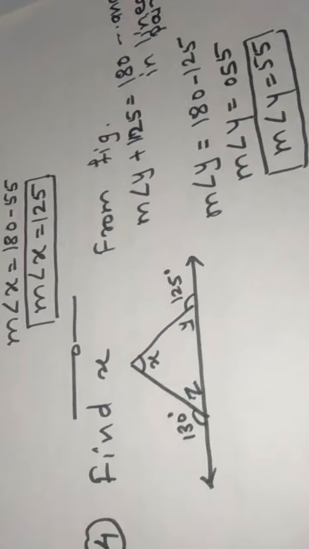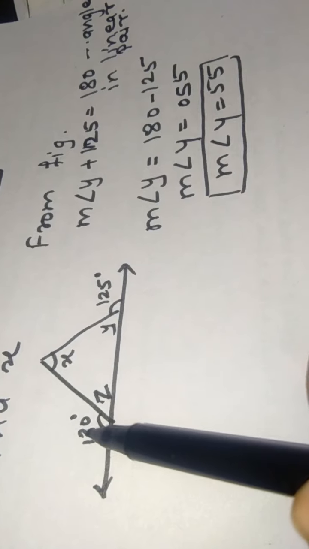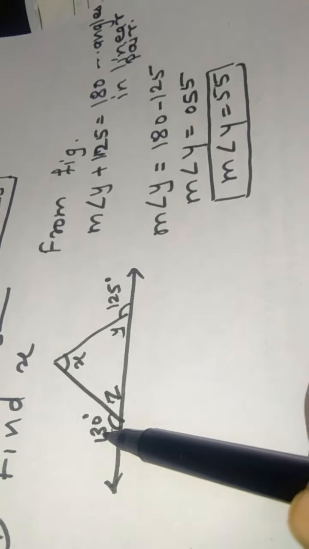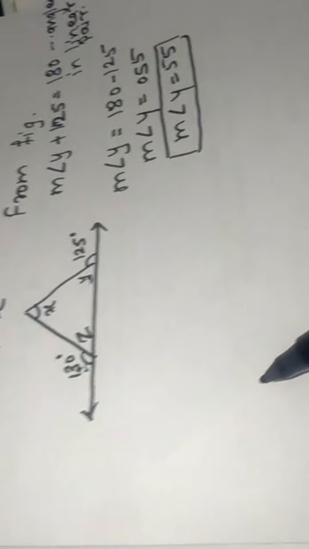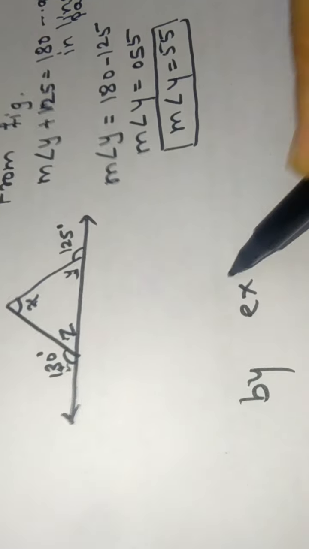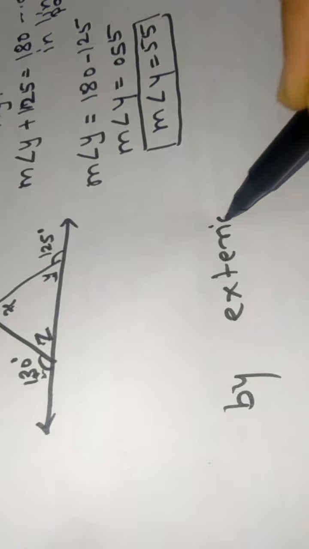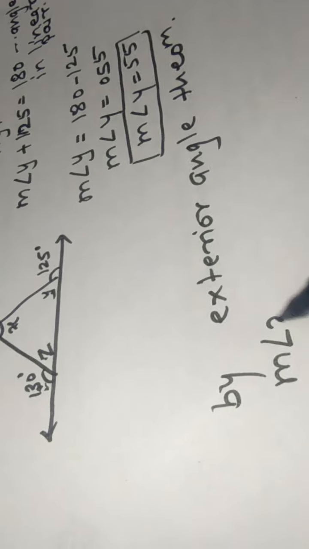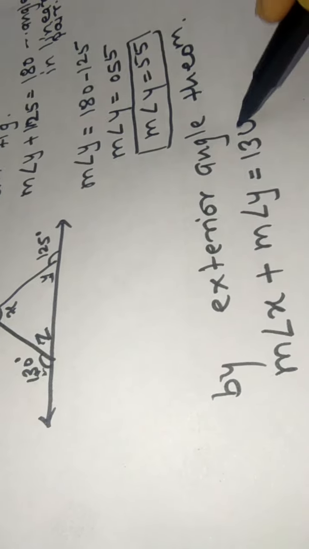Now by the exterior angle theorem, measure of exterior angle is equal to sum of the interior opposite angles. That is, this angle 130 is equal to measure of angle x plus measure of angle y. By exterior angle theorem, measure of angle x plus measure of angle y is equal to 130.